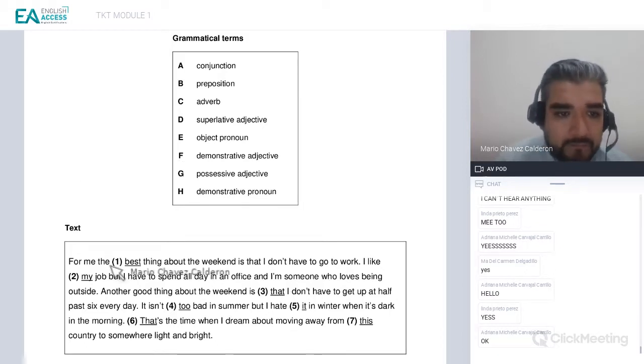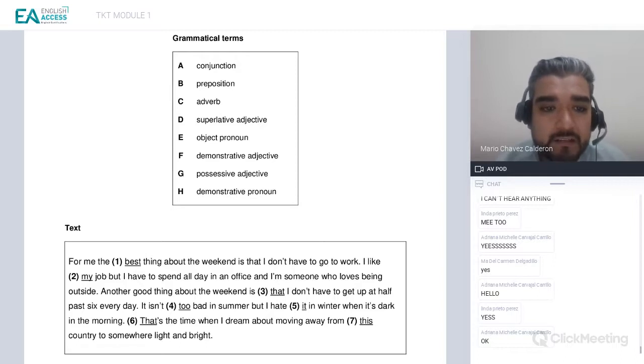I repeat, okay? Number 2 is letter G. Number 3 is letter F. Number 4 is letter C. Number 5, in this case, is letter E. Number 6 is letter H. And number 7 is letter F too.